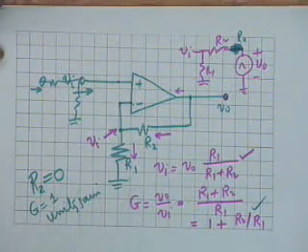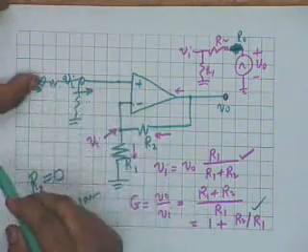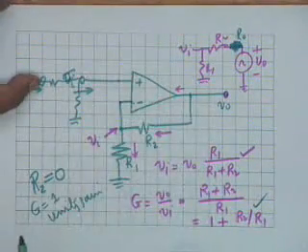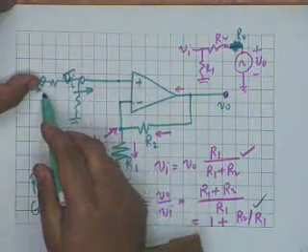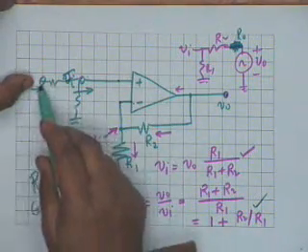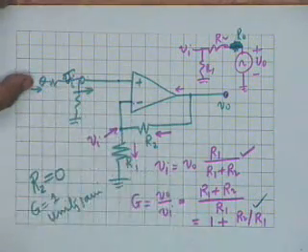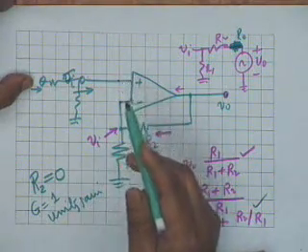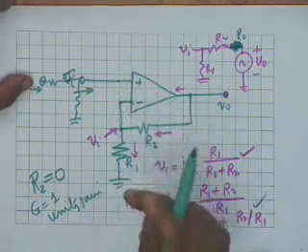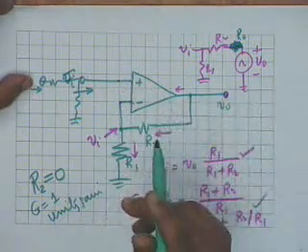Is that understood? If I want a gain less than 1, then the source has to be connected here instead of here. So what the source sees is the sum of these two resistances. The op-amp does not take any current, so the infinite input resistance advantage is lost.